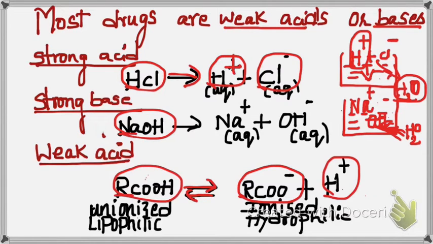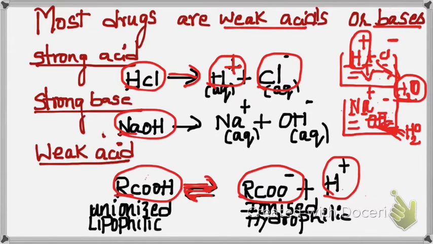Here the ions formed are the ionized form, and the intact molecule is the unionized form. So it exists in equilibrium between the ionized form and unionized form. This is considered a weak acid. The unionized form of the drug is lipid loving, or lipophilic, whereas the ionized form of the drug is water loving, or hydrophilic.